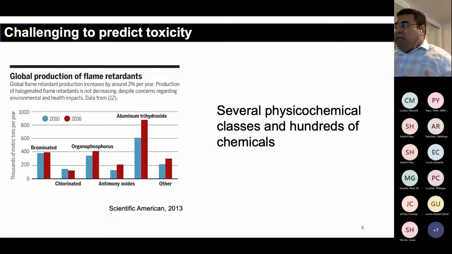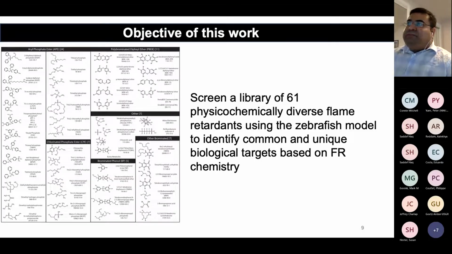Therefore, their toxicity from their exposure needs to be evaluated collectively, and currently presents a challenge because of such a diversity in their classes. But we need to be able to understand if the adverse effects are derived from a specific class of flame retardants. Which brings me to the objective of this work.